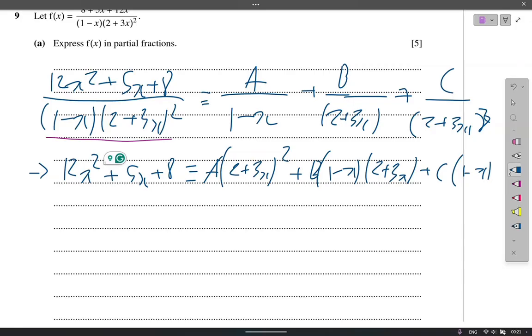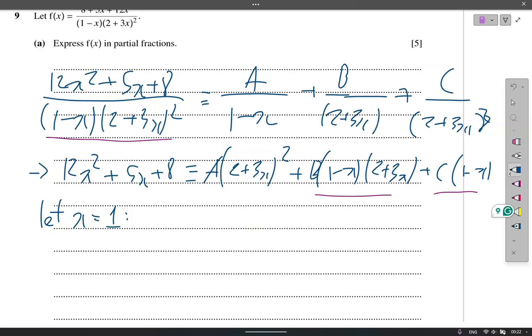So here we can substitute different values of x to get the values of a, b, and c. I'm going to choose first x equals 1. Choosing 1 actually eliminates these two terms, so we have the equation to solve for only a.